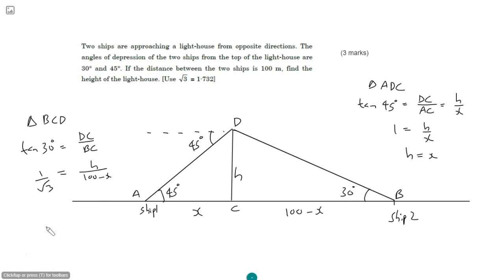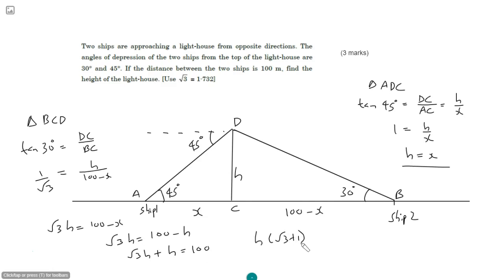If you cross multiply, you will get √3h is equal to 100 minus x, right? And you know from this equation that h is equal to x, so you can write √3h is equal to 100 minus h. If you take h to the other side, √3h plus h is equal to 100, or h into (√3 plus 1) is equal to 100.